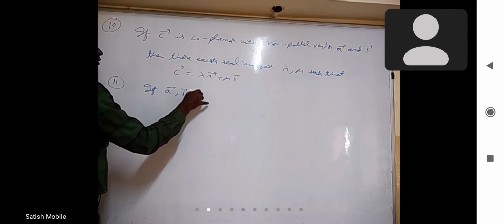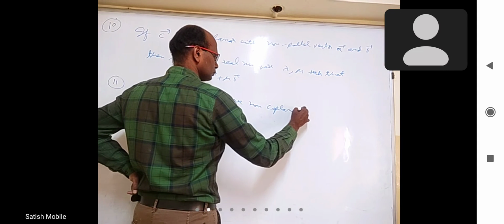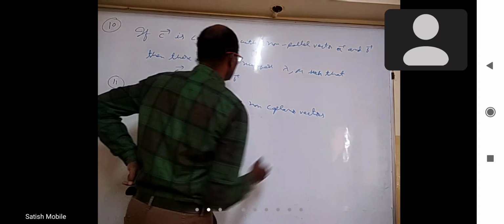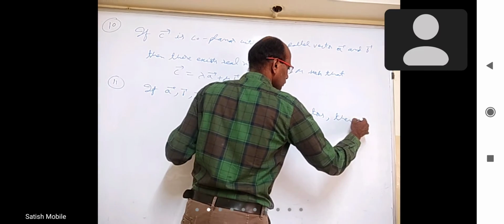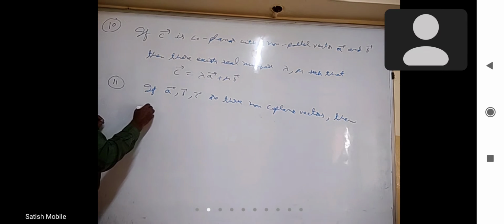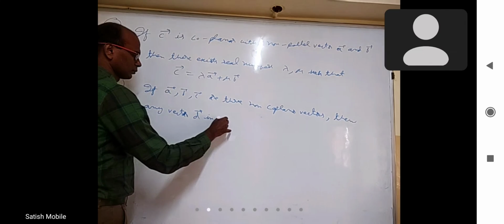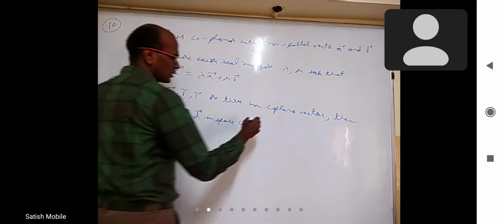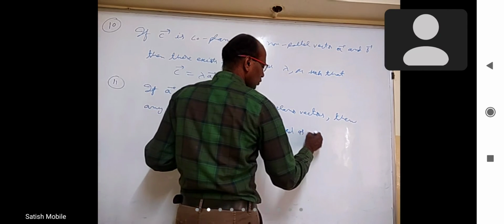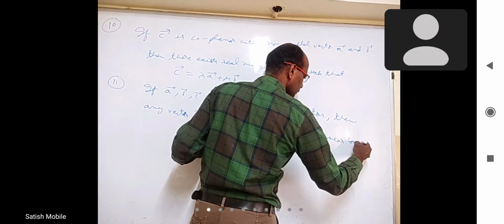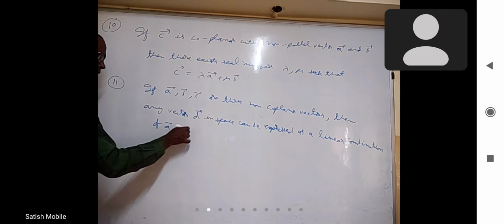If A bar, B bar, C bar are three non-coplanar vectors, then any vector D bar in space can be expressed as a linear combination of A bar, B bar, C bar.